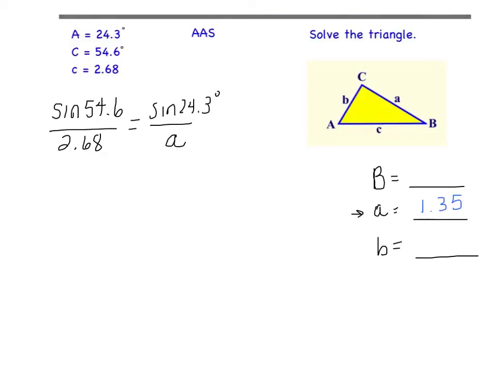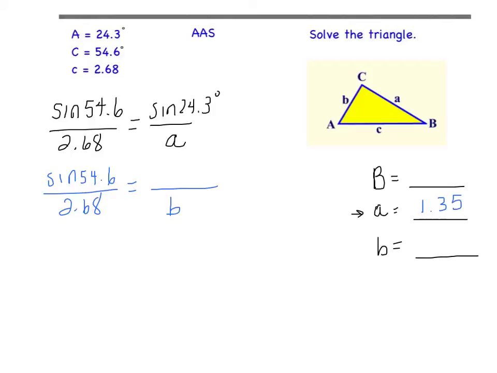Okay. To find side B, I'm going to start with the same thing, the sine of 54.6 over 2.68. There's no reason to reinvent the wheel. This time I want to solve for side B, so I need angle B. Don't have angle B, but I can get angle B, so maybe we need to start there.